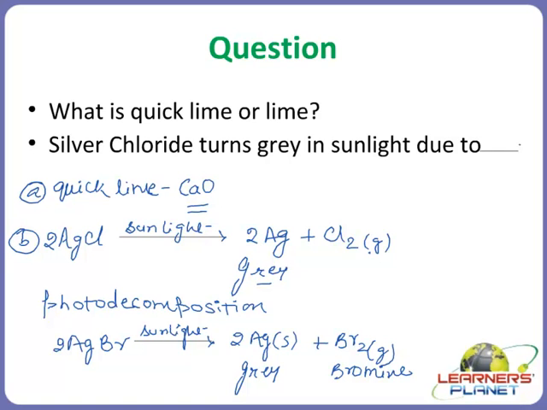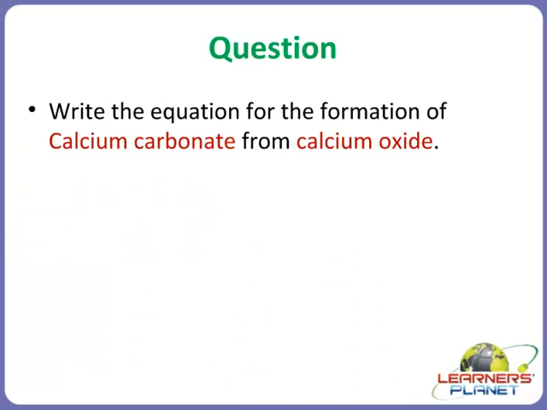Now let's take up our next question. Write the equation for the formation of calcium carbonate from calcium oxide. So what is calcium oxide? Calcium oxide is lime. What you need to form is calcium carbonate.